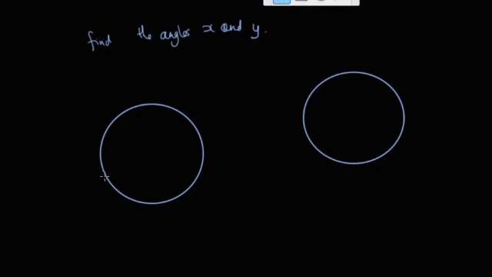So we've got a quadrilateral, so it's going to be a cyclic quadrilateral.